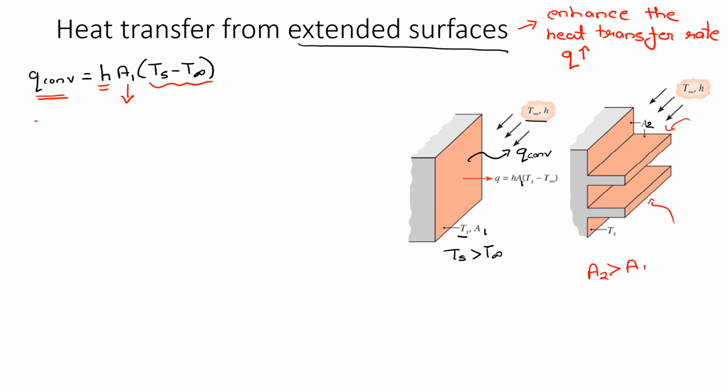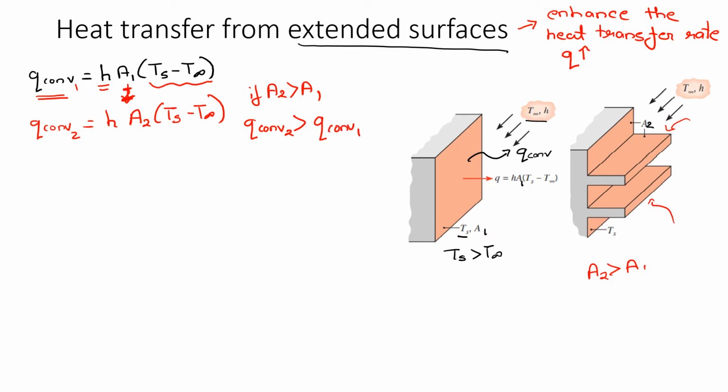What will be the heat transfer rate in that scenario? Your h is the same. You have area A2, and let's say the temperature difference still is Ts minus T infinity. So if you have increased your area, this means that your Q convection 2 is also greater than Q convection 1.